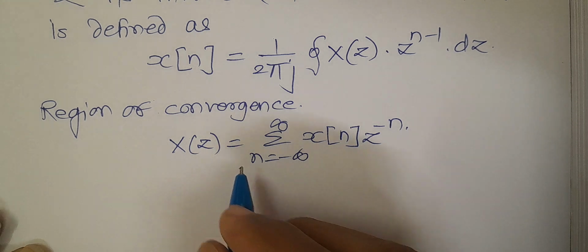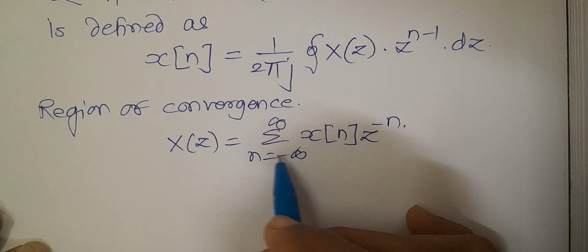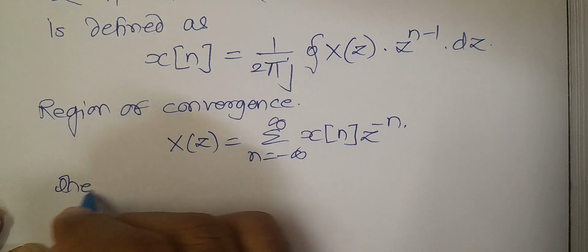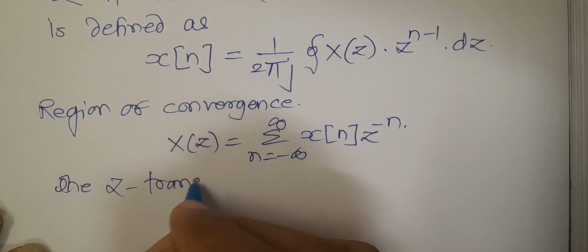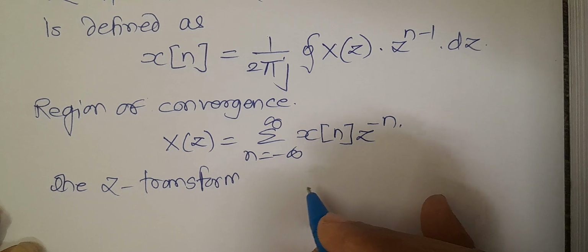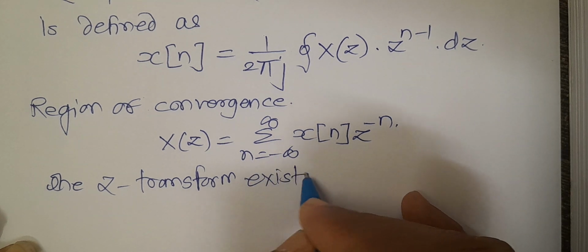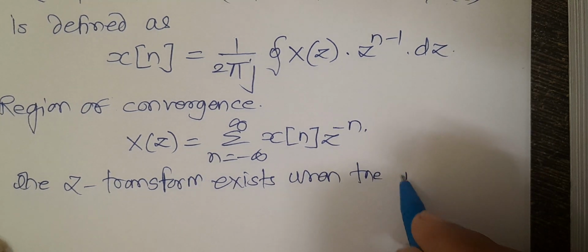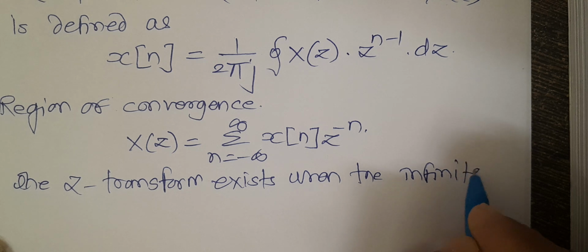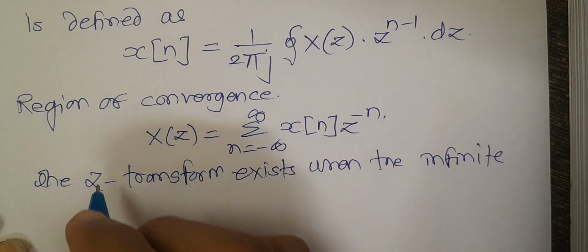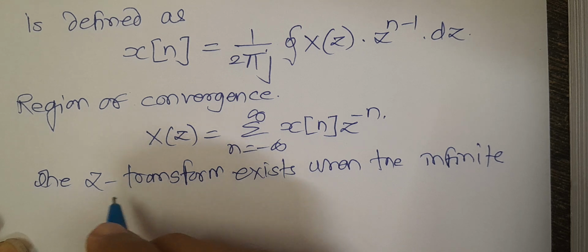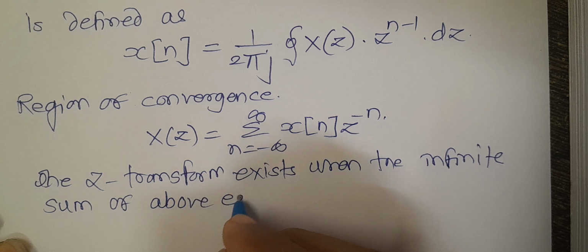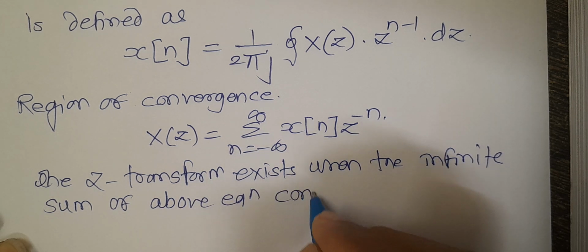Therefore the Z transform exists when the infinite sum of this equation converges.